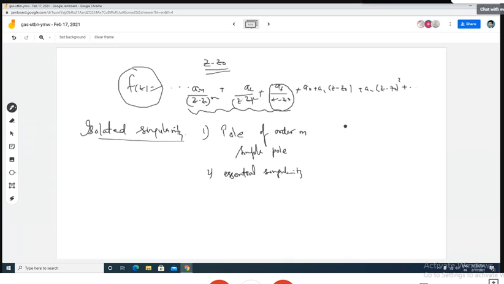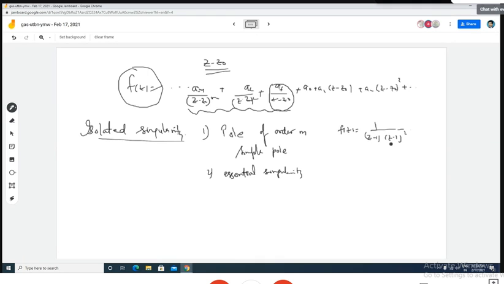For example, you see here, if your f(z) is equal to 1 upon (z minus 1)(z minus 2) whole square, maybe just write only two factors, (z minus 1) and (z minus 2) whole square. When you expand, you can see that if you expand in powers of z minus 1 at z equal to 1, it has a pole of order 1.